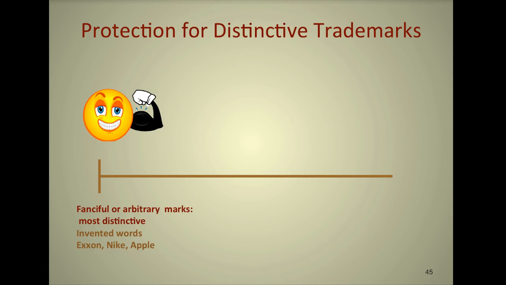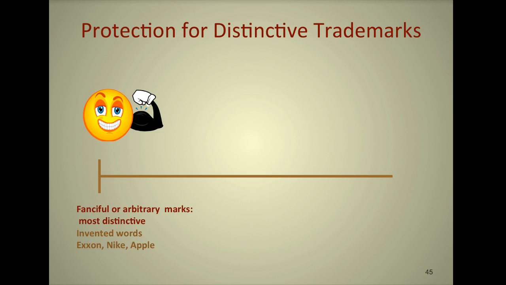So the picture there is these are the strongest trademarks. Examples are Exxon, Nike, and Apple. Exxon is an invented word, applied to oil. That's fanciful, no connection, completely invented. Nike is also a fanciful type of mark.